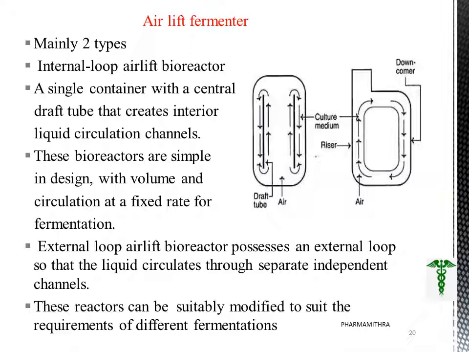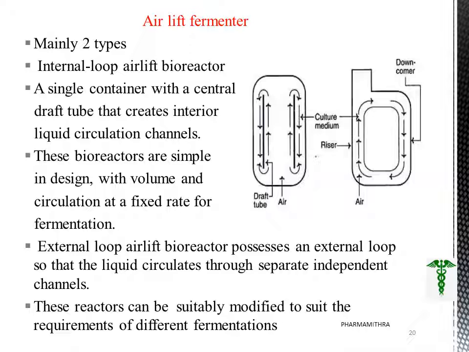Mainly two types of airlift fermenter are there. One is the internal loop airlift fermenter and the other is the external loop airlift fermenter. The internal loop airlift bioreactor is a single container with a central draft tube that creates the interior liquid circulation channel.